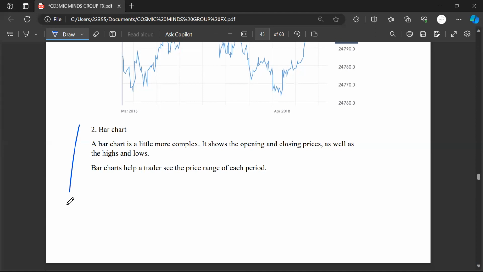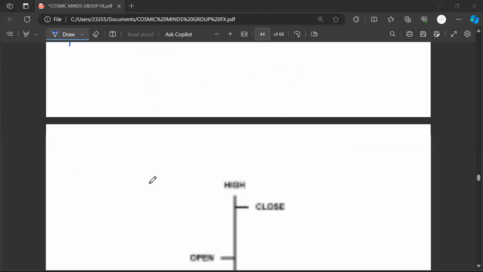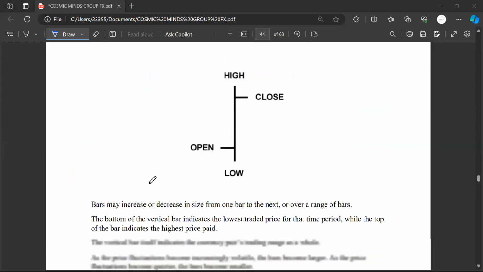Now, bar charts help a trader see the price range of each period, right? So look at that. This is a typical example of a price opening and closing, the high and then the low, right?